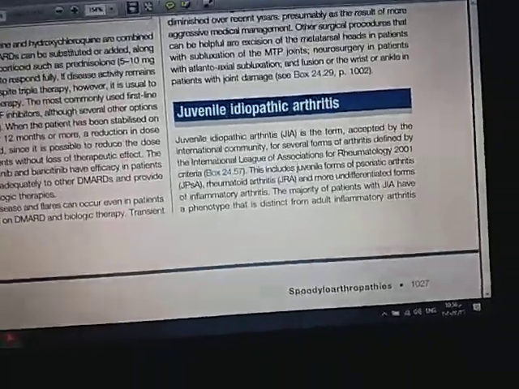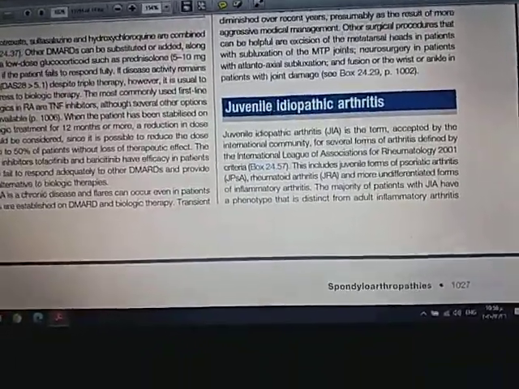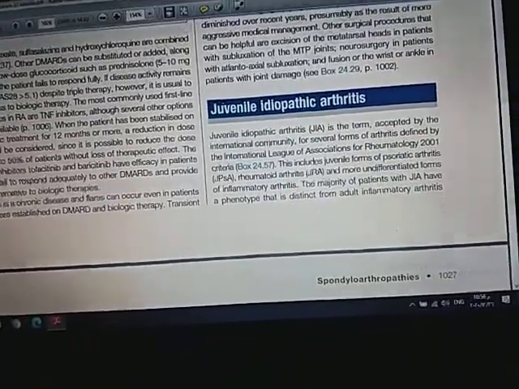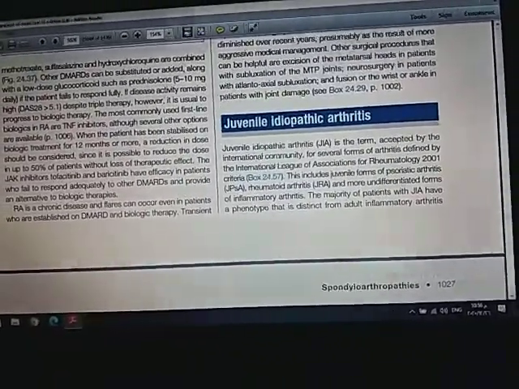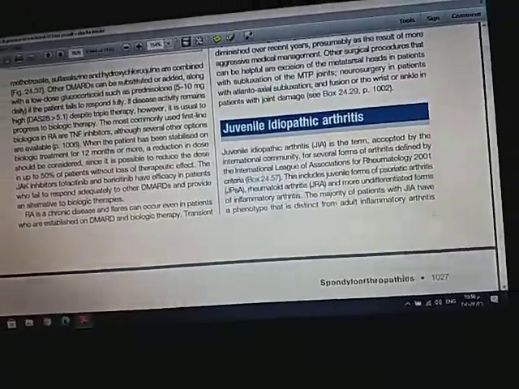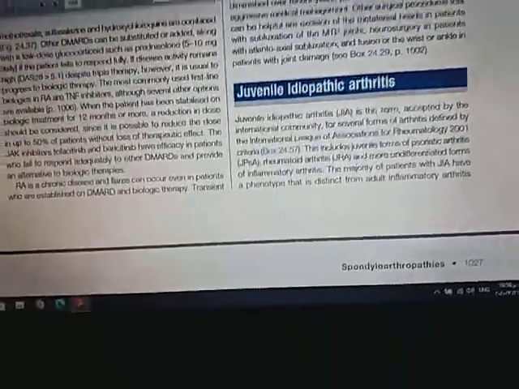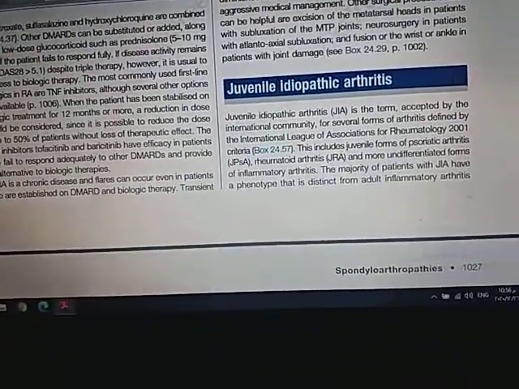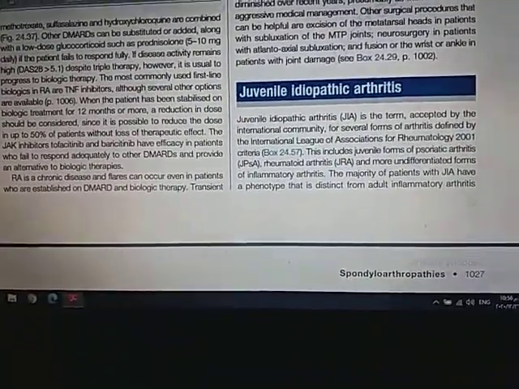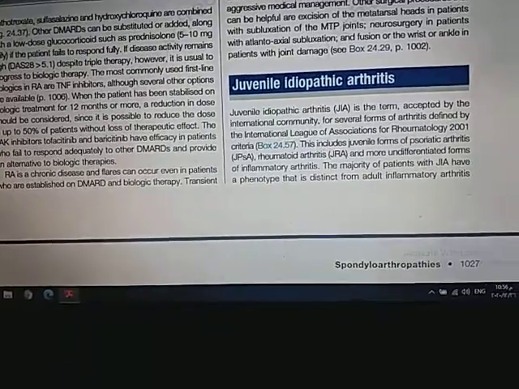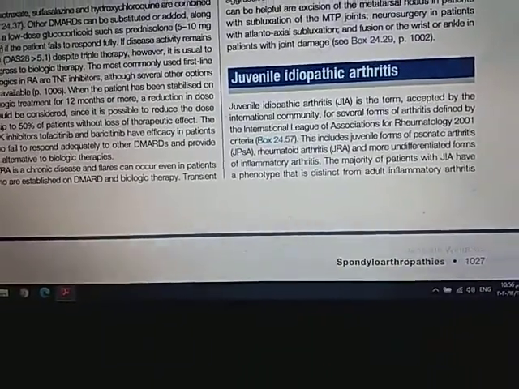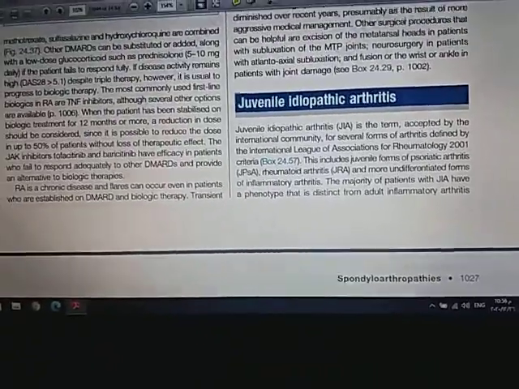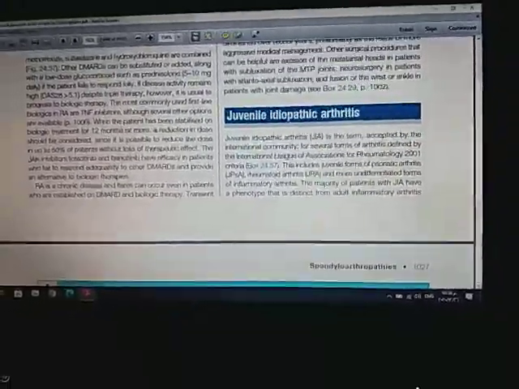Juvenile idiopathic arthritis. This term is used when we have a definite arthritis for more than 12 weeks in a patient of less than 16 years of age, أقل من 16 سنة.